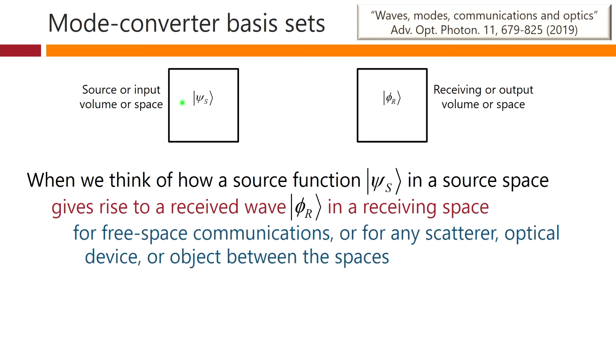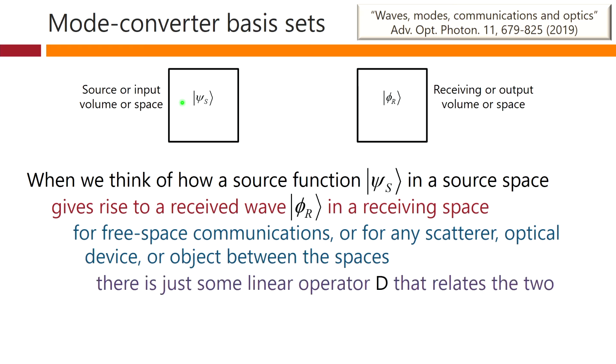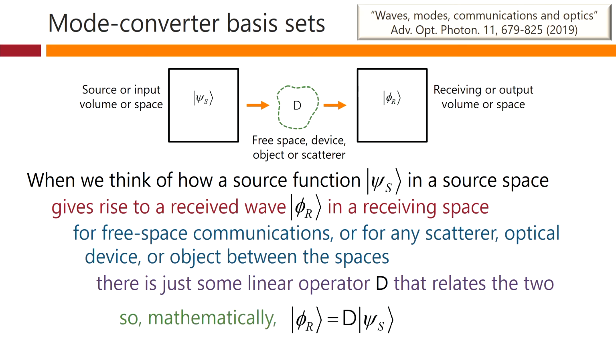For free space communications, or for any scatterer, optical device, or object between the spaces, there is just some linear operator, D, that relates the two. That is, we imagine there's something in here, it could just be free space, or some device, or some scatterer, and sources in here going through this give us waves over there. And we can describe that with just a linear operator. So mathematically we can write that in this form.